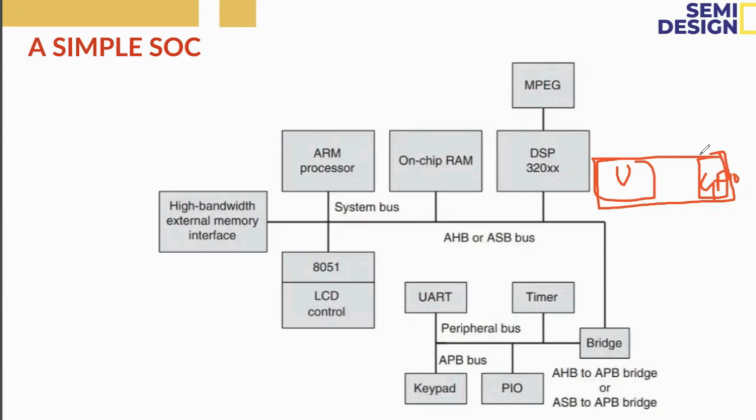We will have two agents, one for the UART and one for the GPIO. Here there will be one UVC, and here there will be another UVC. In the UVC, it will have an agent, and here it will have an agent.